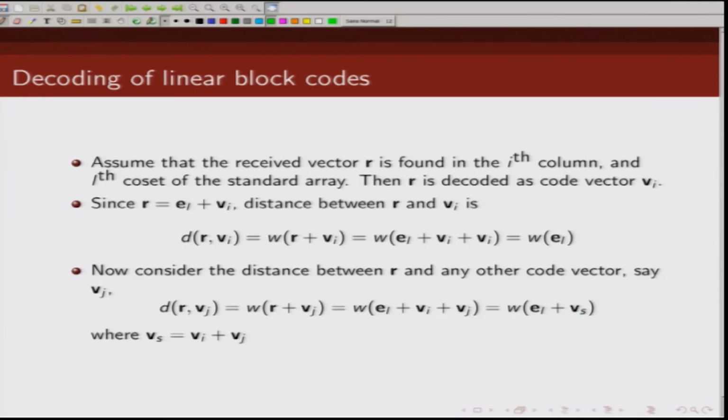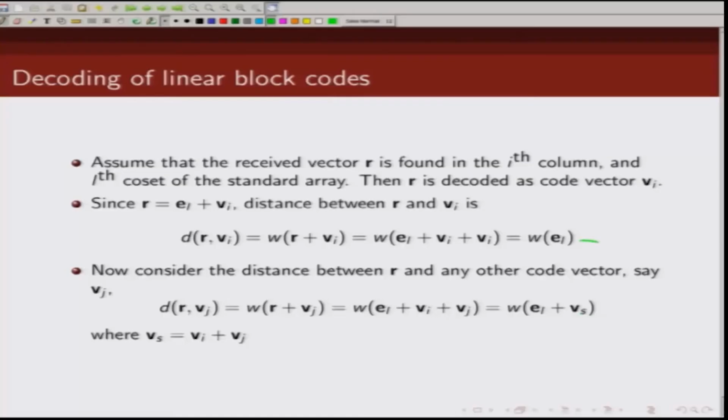So, what have we done so far? We found out that the Hamming distance between the received code word and this code vector Vi is given by this, and the Hamming distance between the received code word and any other code word which is not Vi is basically given by this. Now, EL and EL plus Vs are going to be elements in the same coset, right?